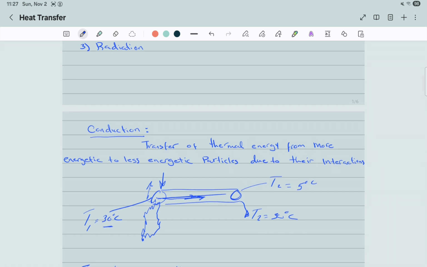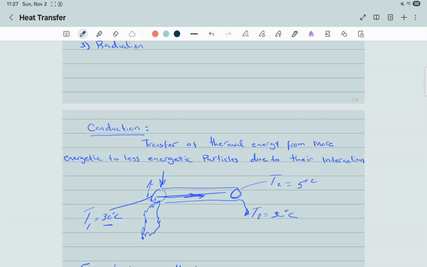Conduction is the transfer of thermal energy from the more energetic to the less energetic particles due to their interactions.